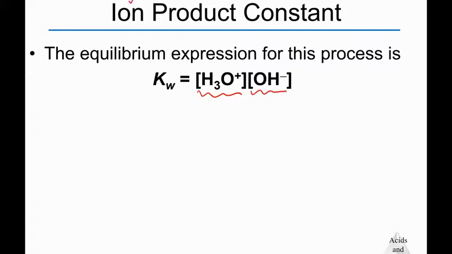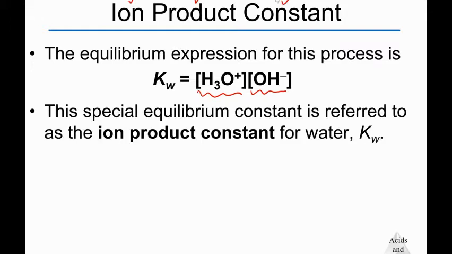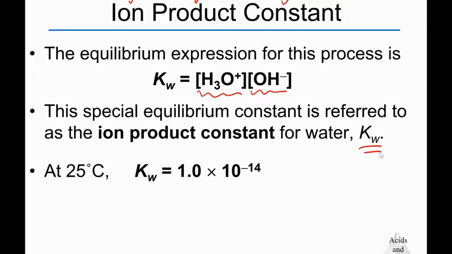Therefore, ion product constant. And so the special equilibrium constant is referred to as the ion product constant for water, or Kw. So another K. At 25 degrees Celsius, Kw is equal to 1 times 10 to the negative 14th.